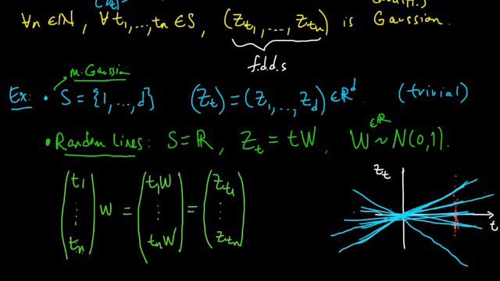And so we multiply by a matrix, and we know by the affine property that that is also multivariate normal. So this is our A matrix here. And therefore, this is multivariate Gaussian. And that holds, of course, for any t1 through tn. So this is indeed a Gaussian process.